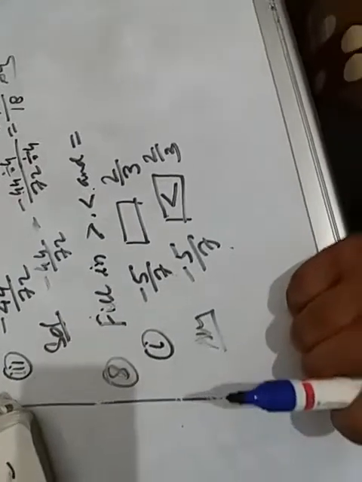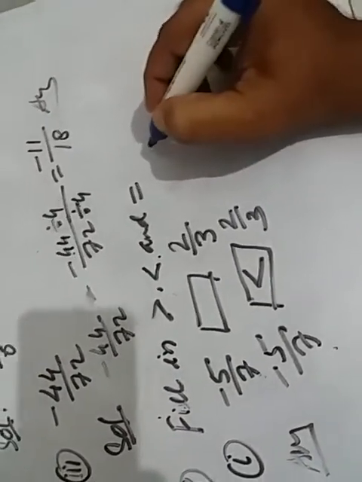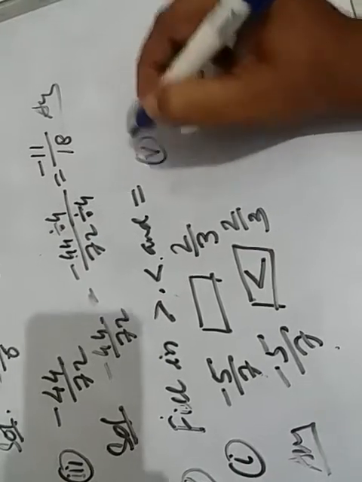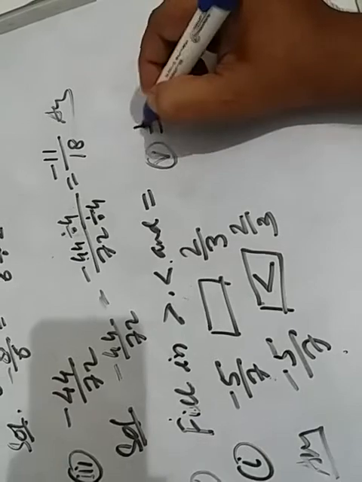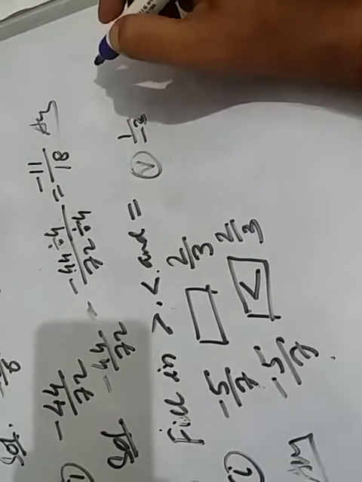Okay children. Now let us see one more question of the same type, the fifth part: 1 upon minus 3 and minus 1 upon 4.